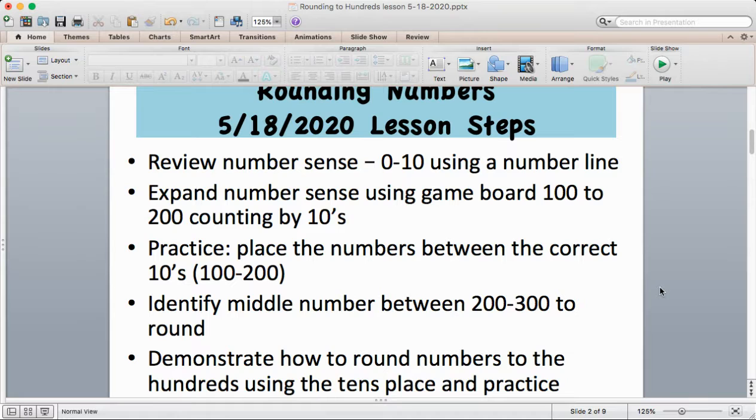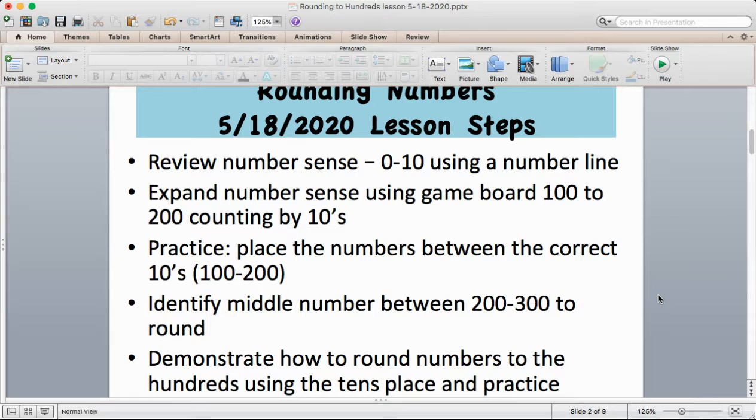Rounding numbers. Our steps to the lesson today will be: review number sense from 0 to 10 using a number line. Expand number sense using a game board from 100 to 200, counting by tens. Practice placing the numbers between the correct tens from 100 to 200.